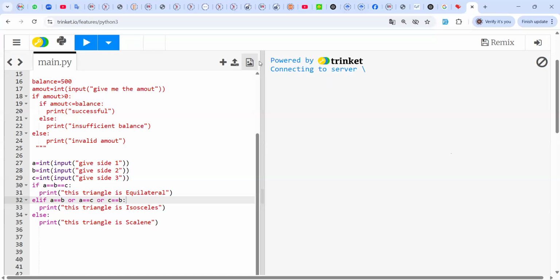Let's run it again. For example, let's give these two numbers equal to each other. Let's say, for example, 3 3 and for example 2. So in this run we have A is equal to 3 and B is equal to 3. That means this one is a true statement because A is equal to B is true.